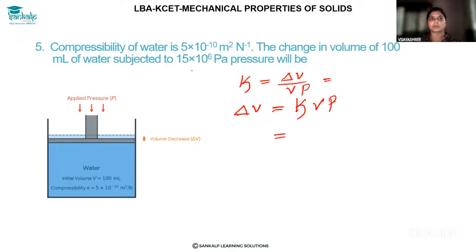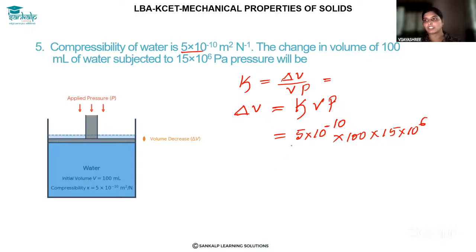Compressibility is given as 5 into 10 to the power minus 10 meter square per Newton. Initial volume is given as 100 ml and applied pressure is given as 15 into 10 to the power 6 Pascal.